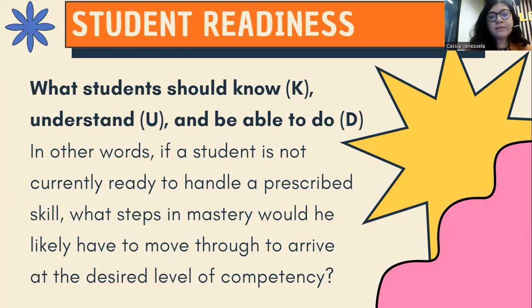I know that the difference between what you know and what you understand is tricky, and it's a very small difference, but to understand something is more complex than just knowing it. When you understand something, you actually understand the reasons why it's that way.